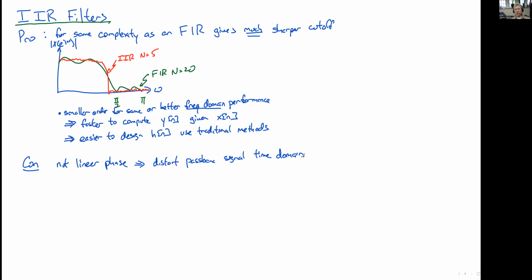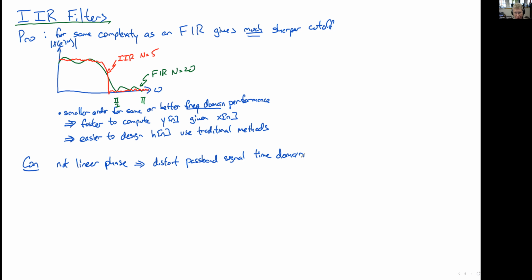I mean, both will distort a signal that's not in the passband. If you're designing a low-pass filter and you're putting in a high frequency, both should kill that signal entirely. The difference is that if you put into your low-pass system a low-frequency signal that should be entirely passed, maybe a triangle wave going in, the output of your FIR filter will look like a triangle wave like it should.